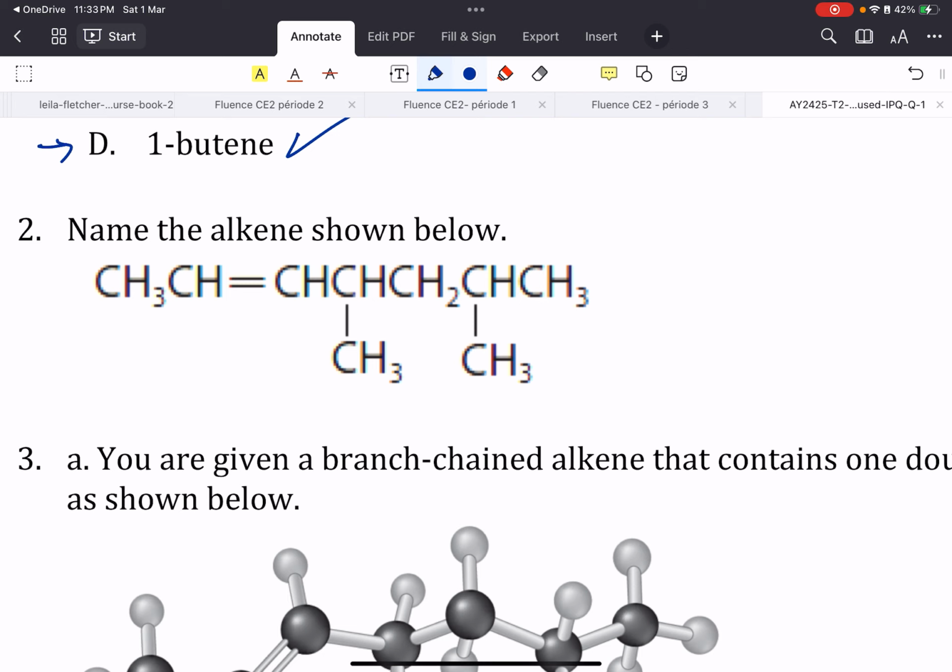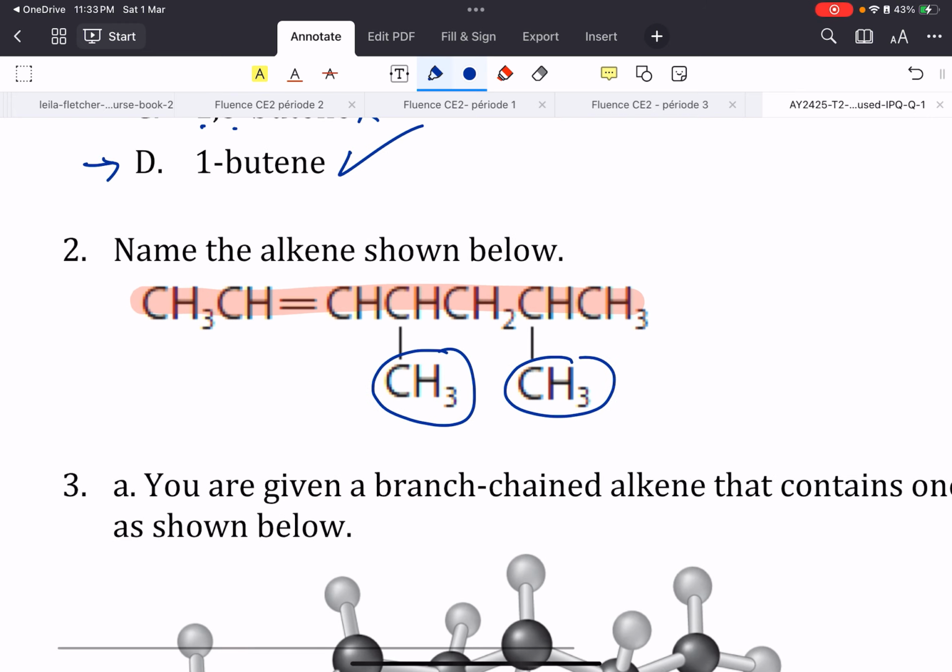Name the alkene shown below. First of all, you have to select the longest main parent chain containing the double bond. Then you identify the branches that you have. When naming alkenes, the priority in numbering goes to the side that is closer to the double bond.